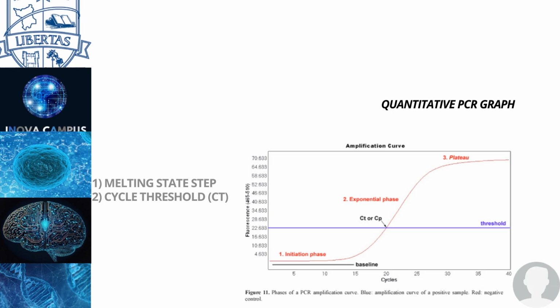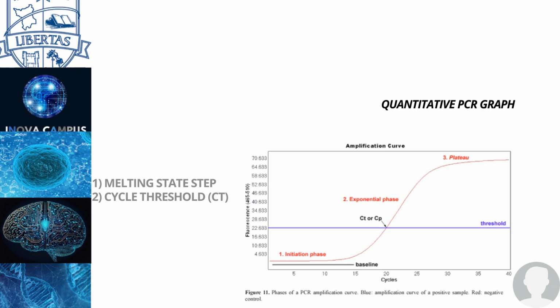And one thing that is important for you to understand is the sooner the peak of this specific gene shows up in the graph, the more concentrated this gene is in a DNA sample, in the mixture that we used in the beginning.